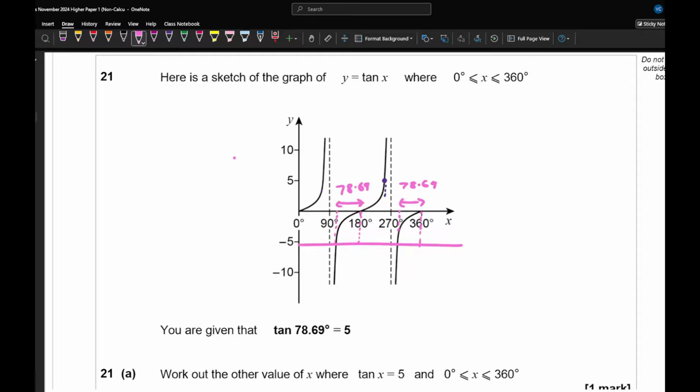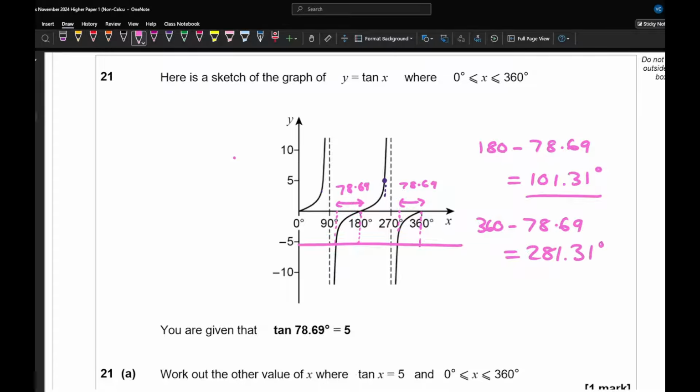So to work out the two values, I need to do 180 minus 78.69, which gives me an answer of 101.31 degrees. And I also need to do 360 take away 78.69, which gives me an answer of 281.31 degrees. So those are my two answers for B.